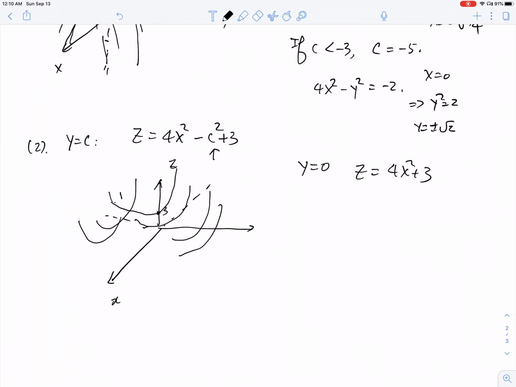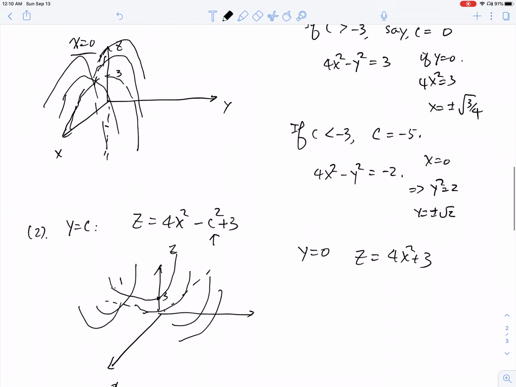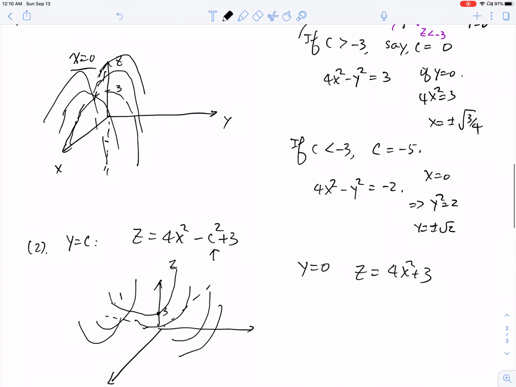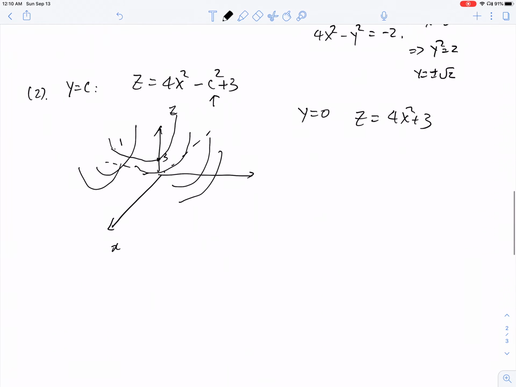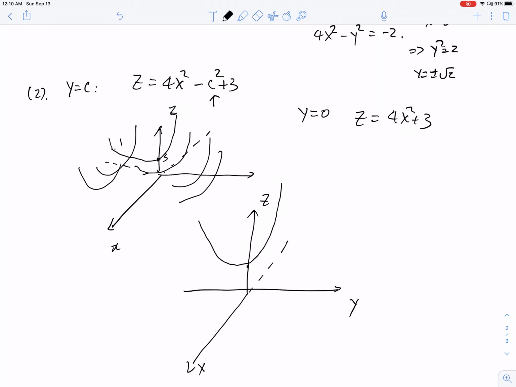And that's what we have over there. In fact, the best way is to combine these cross sections, where x is a constant. Let's try this one over here. So in the xz plane, we have something like this, right? This point over here is 3.